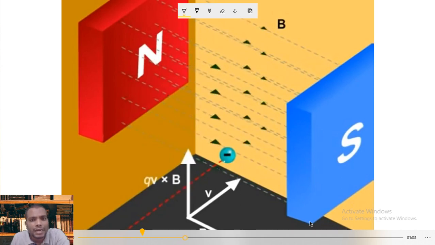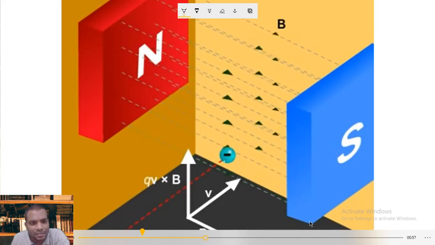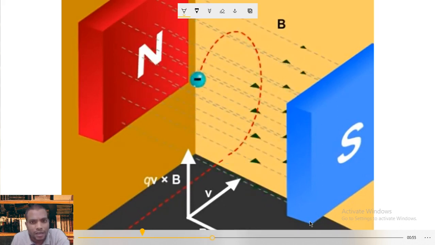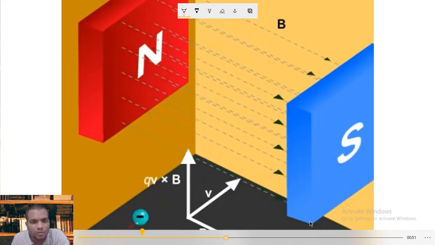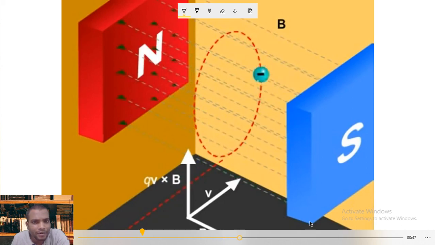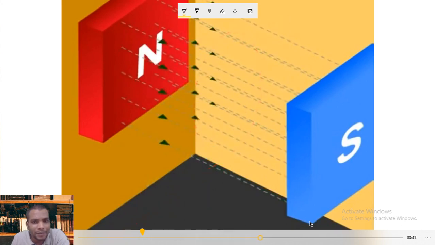When the electron enters, there is a resultant force acting on that charged particle, the electron. That causes the electron to move in a circular path in the uniform magnetic field.